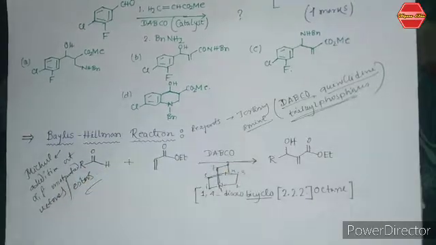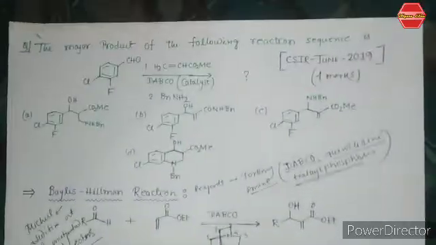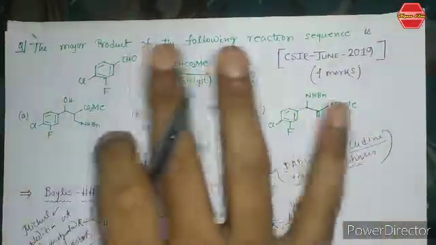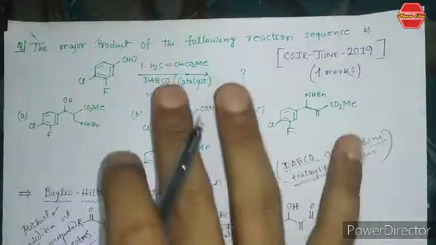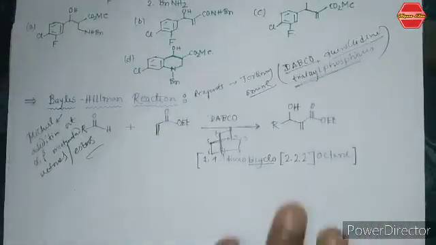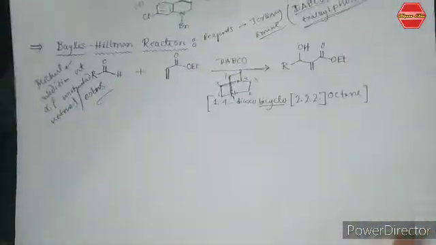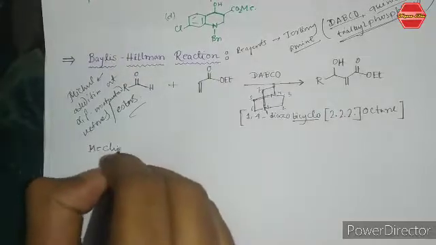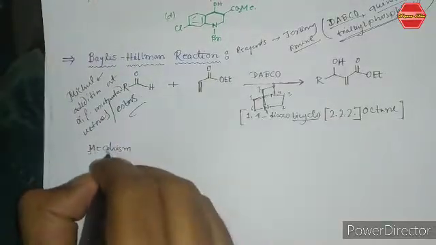So that is the alpha beta Michael addition on unsaturated ketones or esters. Now we have taken this compound, and we will solve this question and also see how the reaction proceeds. This is also the general mechanism.